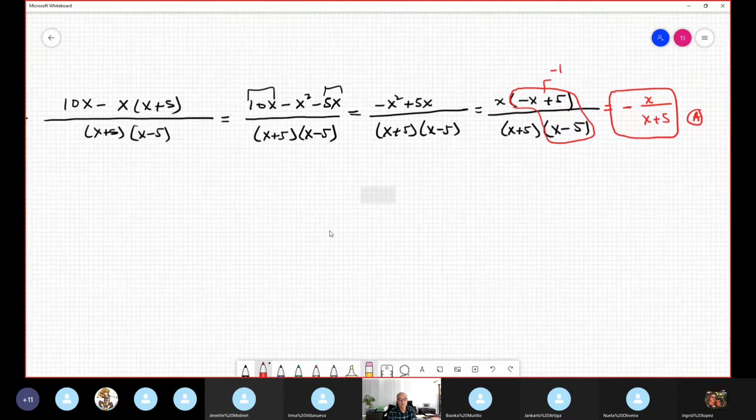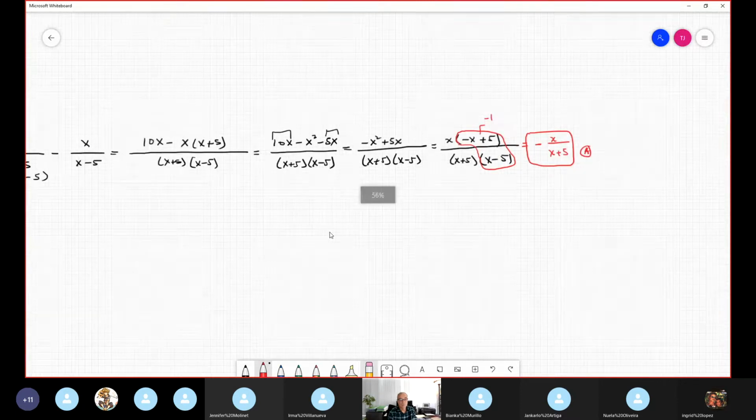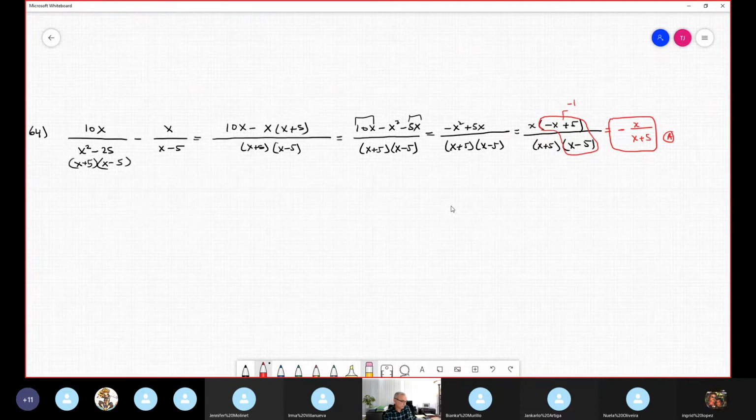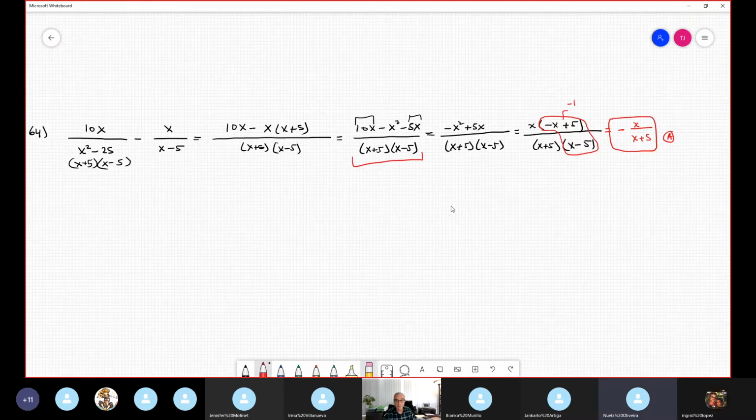Any question? Wow, too long, huh? This is 64. Professor, on the third step. This step. Yes, Professor. The only thing, the numerator part.